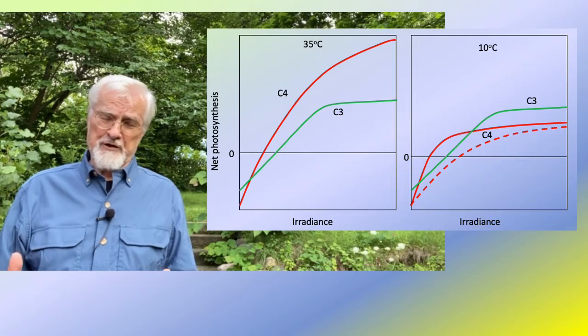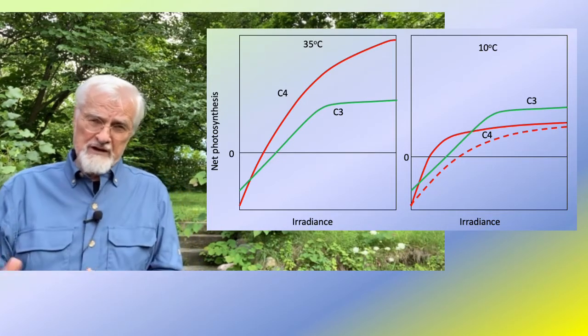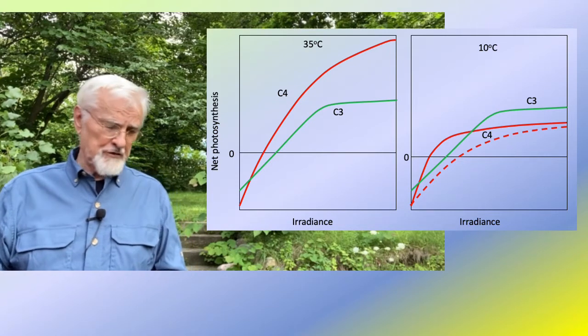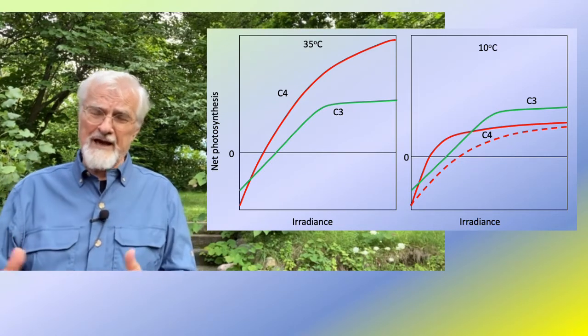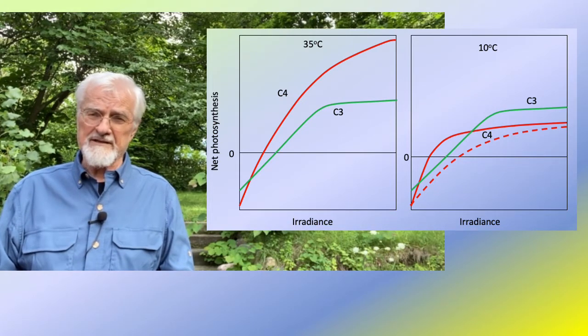So the temperature actually makes quite a bit of a difference. Associated with the temperature is frequently the humidity, and I'm not going to show you separate graphs for the humidity, but you can imagine what happens with these curves when you're talking about different levels of humidity.